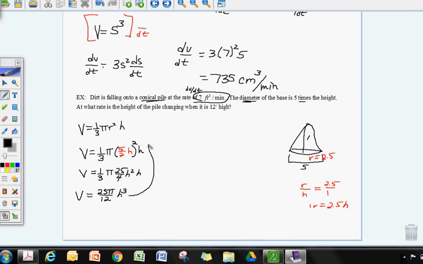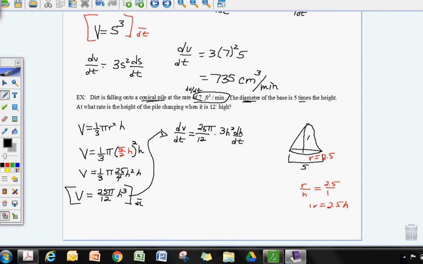So now I need to take the derivative of that with respect to t. So I get dV/dt equals the 25 pi over 12, and now times 3h squared dh/dt.